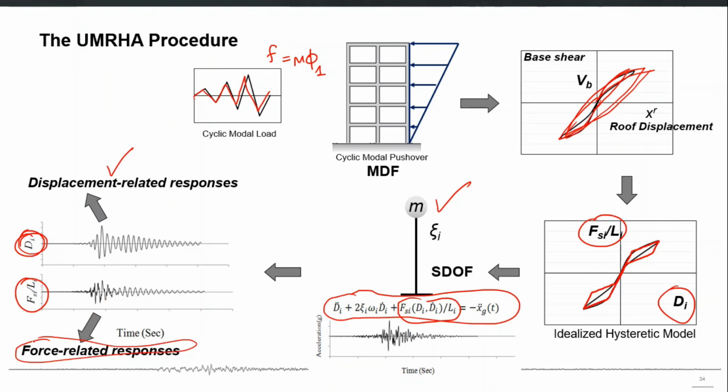So we repeat that whole cycle for the first few vibration modes and combine the responses in the time domain to directly get the fluctuating response in the time domain for the nonlinear system. That combined nonlinear response has been shown to match well with the nonlinear time history analysis for several real buildings.